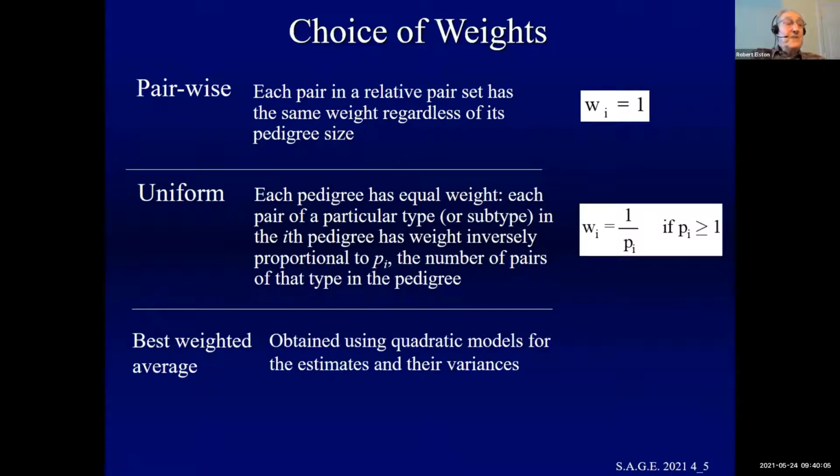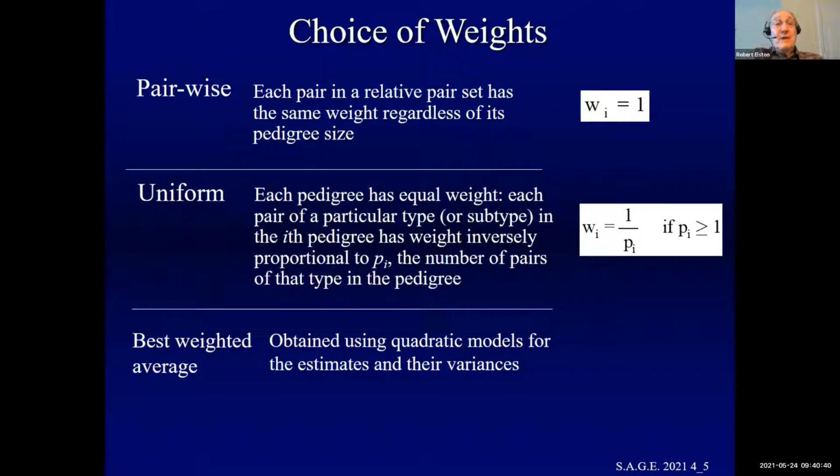So the best weighted average that we obtain in S.A.G.E, if you use the latest versions, which, as you saw on day 1, is not in the GUI, so you have to go back and edit your parameter file, is obtained using quadratic models for the estimates of the variances.